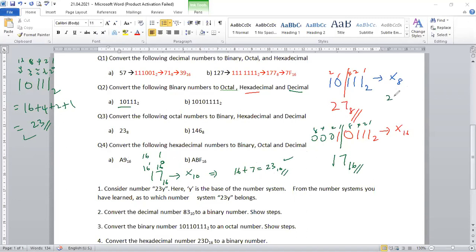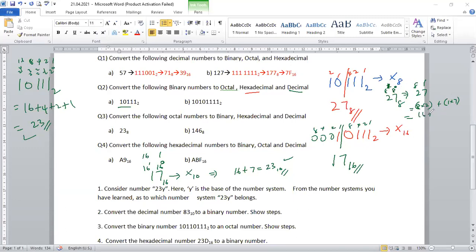Again you are having 27. The base is 8. 8 to the power 0, 8 to the power 1. So it's 8. So you can write 8 into 2 plus 1 into 7.